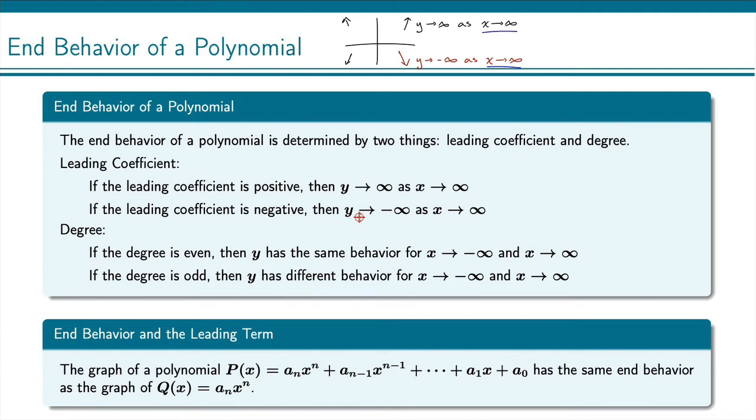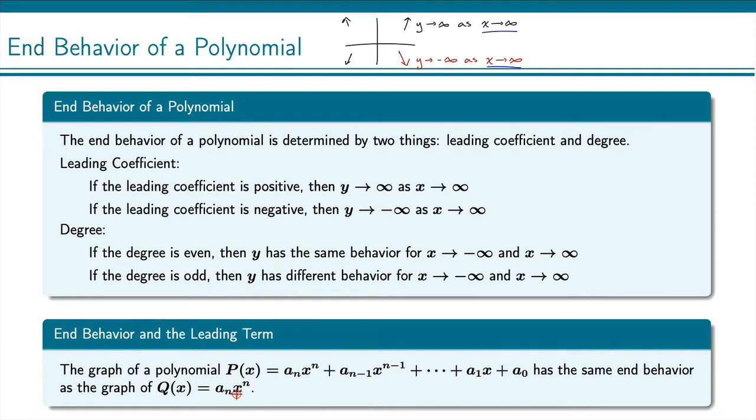A quick check on your work is this nice fact here: the graph of a polynomial has the same end behavior as the graph of the leading term. This is quite useful because we should know what the power functions look like.